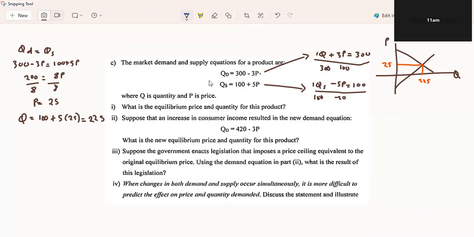Price is cutting on what? 100. And quantity on 300. And here, price is on what? Negative 20, and quantity will go on what? 100. Okay. So now, what happens here?